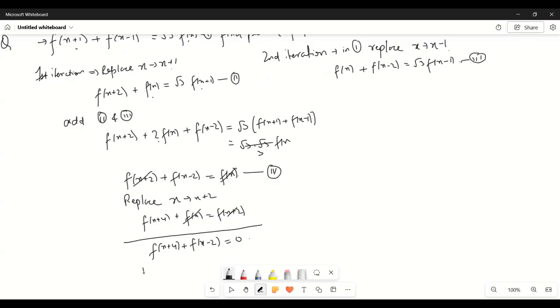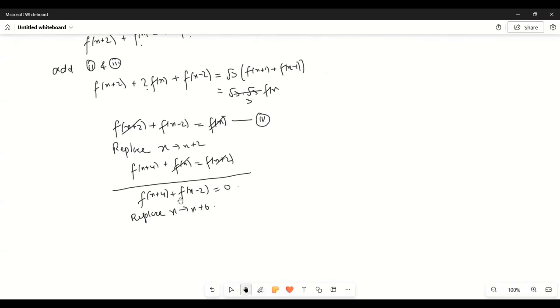And then in this, replace x with x plus 6, because this is the basic equation, f of something plus f of another thing is equal to 0. So f of x plus 10 plus f of x plus 4 is equal to 0.